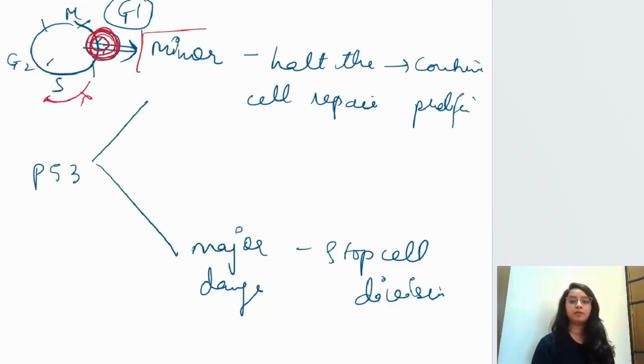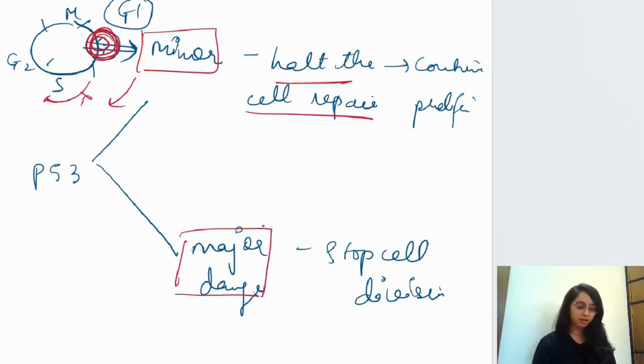So for minor damage, first it will halt the cell in the G1 phase itself. It will repair the damage and then continue the proliferation. But if there is any major damage, then it will stop the cell and stop the cell division and not let it flow. And therefore the tumor is under control and it cannot proliferate further. So this is the p53 gene.